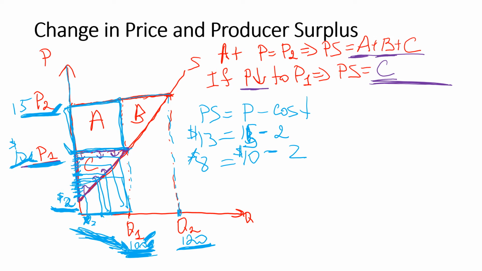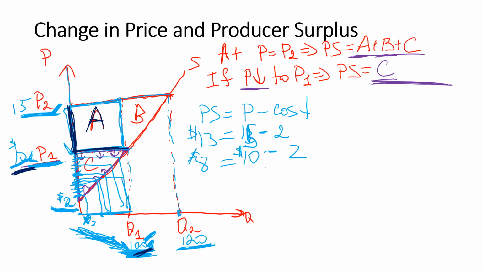100 sellers, I'm transposing this line to this area A. Remember, we decreased the price by this $5. So if we take this line and multiply by this line, area A is going to be the loss in producer surplus due to sellers that stayed on the market receiving right now a lower price.